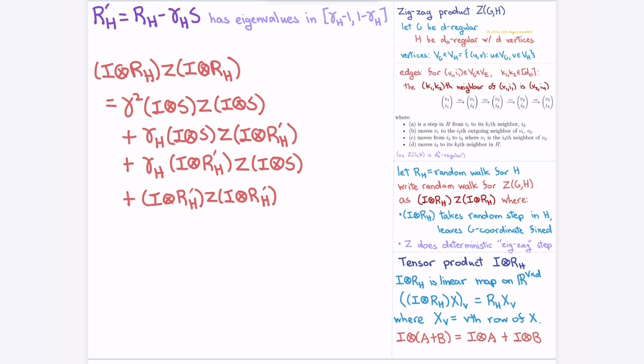Sorry? How do I know Z is linear? It's the random walk map of our zigzag step, which is actually deterministic. So that means every column is just going to have a 1, and the rest will be 0.